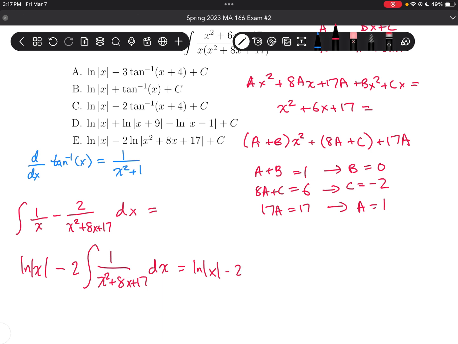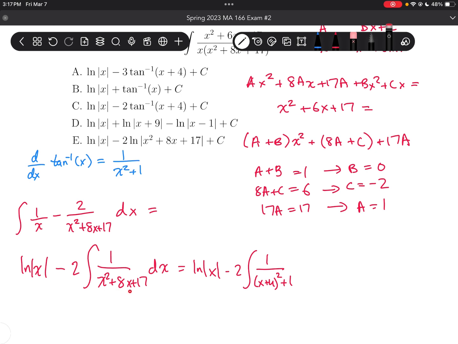If I complete this square, I get 1 divided by x plus 4 squared plus 1. The way I typically complete the square is I take the square root of the first term. That's the first number that goes in our parentheses.